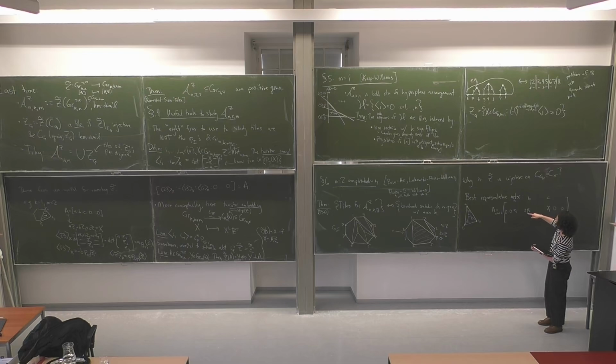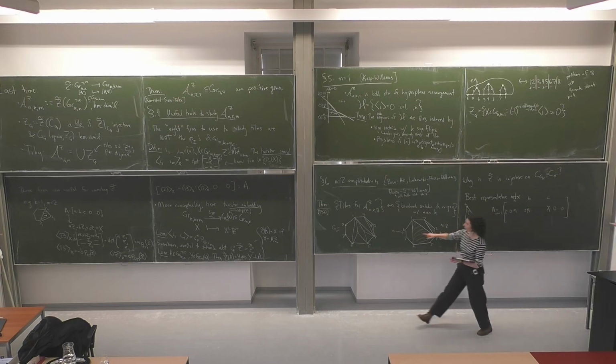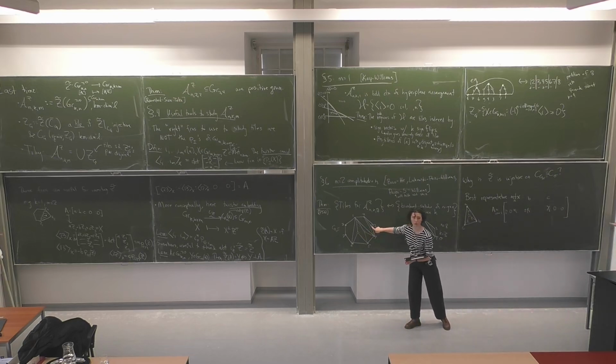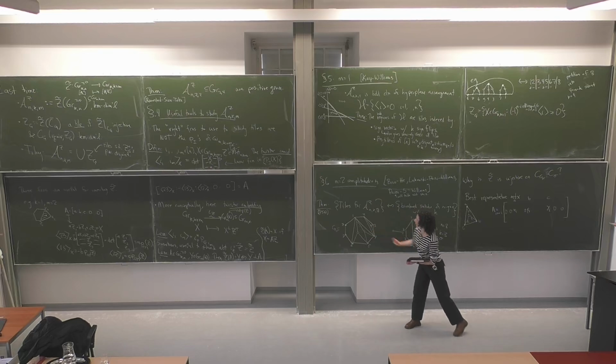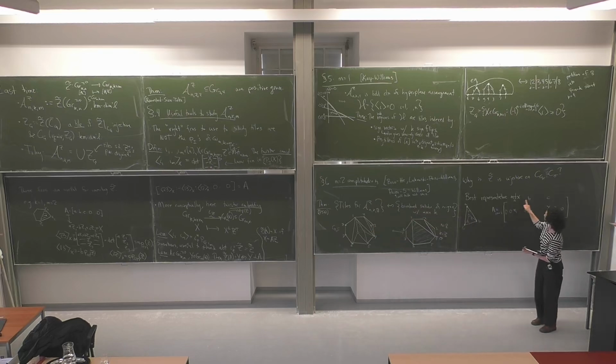So what's the best way to say this? Maybe I'll be a bit hand wavy. This matrix that I've written down has one row for each white vertex, right? I've got a white vertex for each triangle and also one row for each triangle. So I've got one row for each white vertex, and one column for each black vertex.